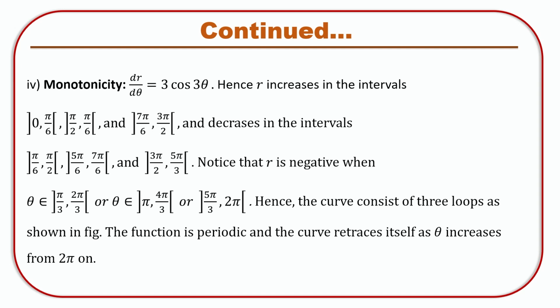Monotonicity. For monotonicity, we have to find dr by d theta. Calculating dr by d theta will give you 3a cos of 3 theta, right.